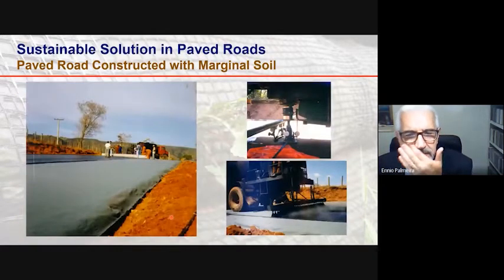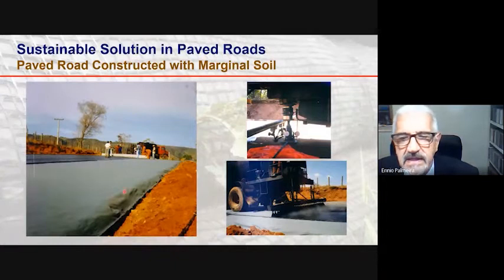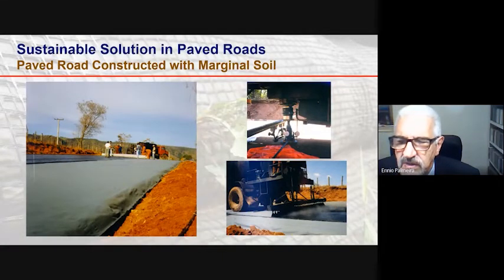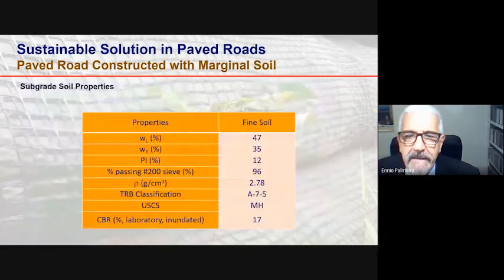So here you see some images of the construction of the test sections, the installation of the geotextile, some field plate load tests executed, and the impregnation of the geotextile with asphalt emulsion in one of the sections tested.